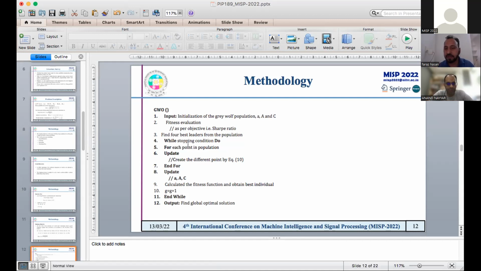Then we update the vectors a, capital A, and C accordingly, calculate the fitness function again for each of the best individuals, and update the generation by 1, G equals G plus 1. At the end, we get the global optimal solution.